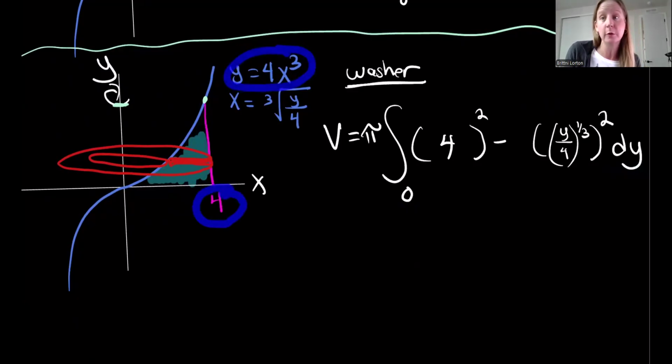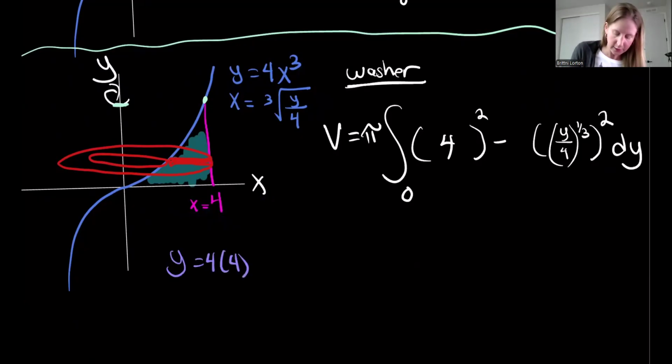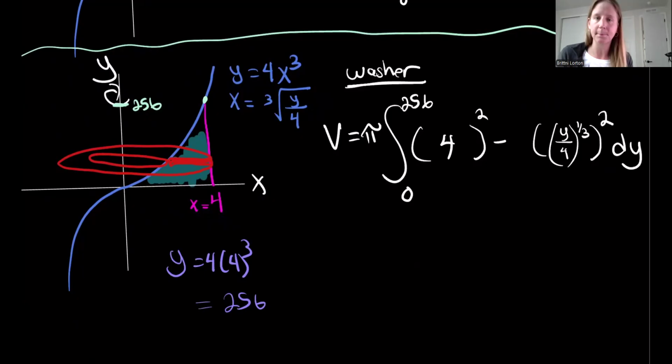You can't set those two equal to each other, because that bottom one was x equals 4. You can't set an x equal to a y. So you have to instead plug x equals 4 in there, and I would end up with y equals 4 times 4 cubed, which is 256. And that's where the upper bound of 256 comes from.